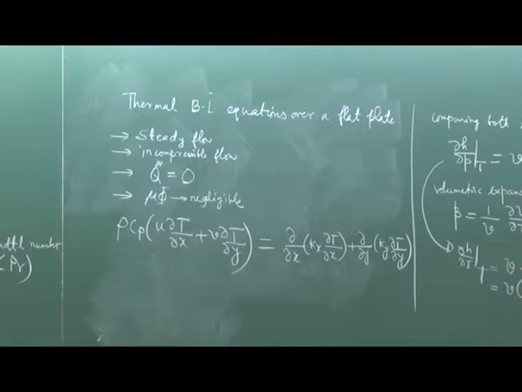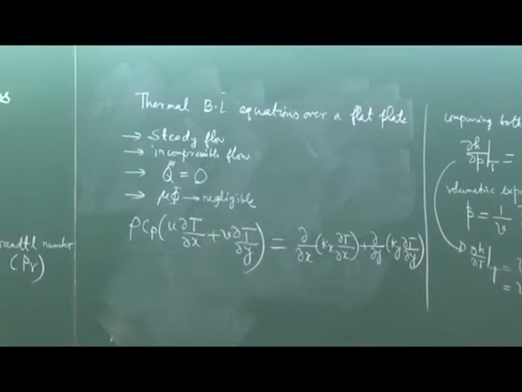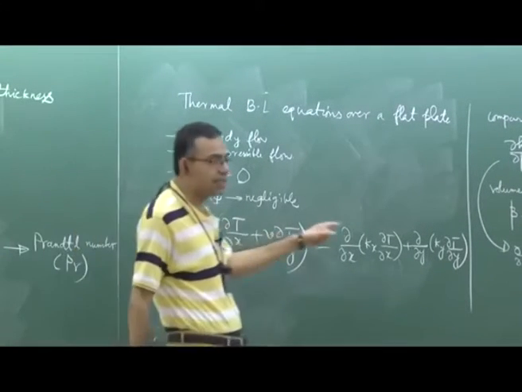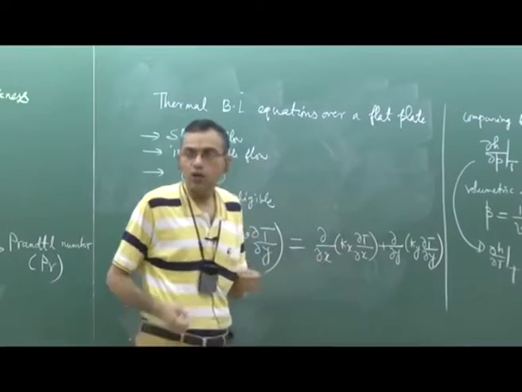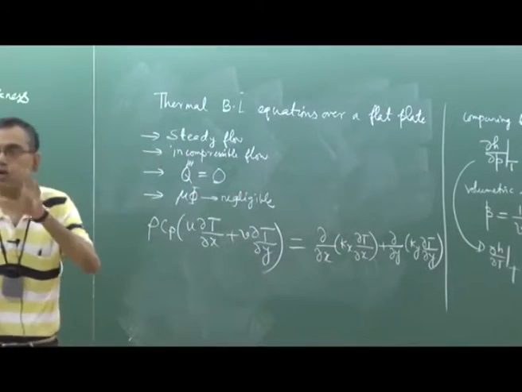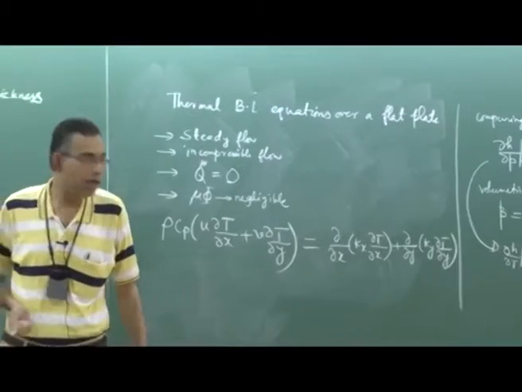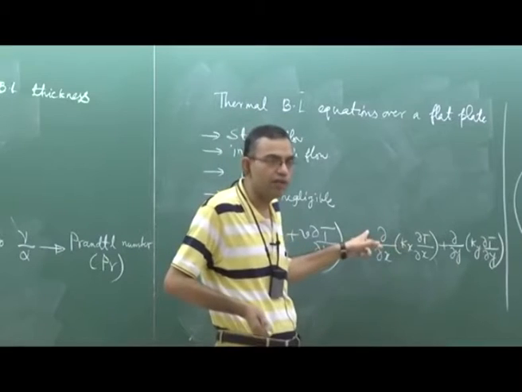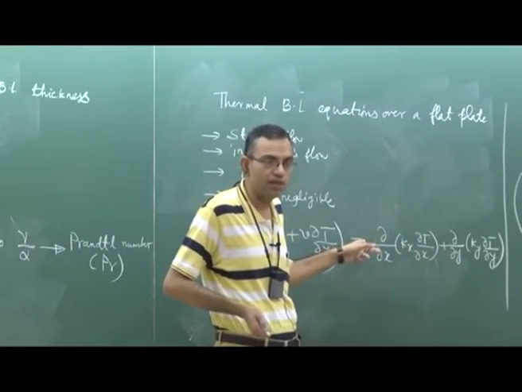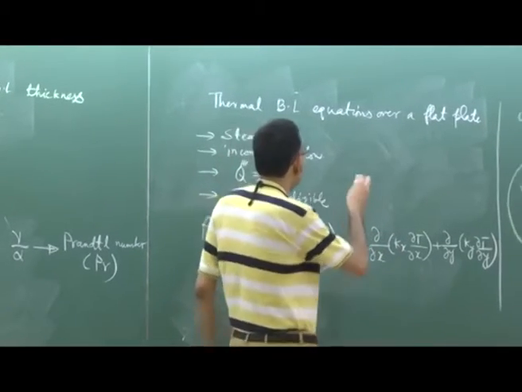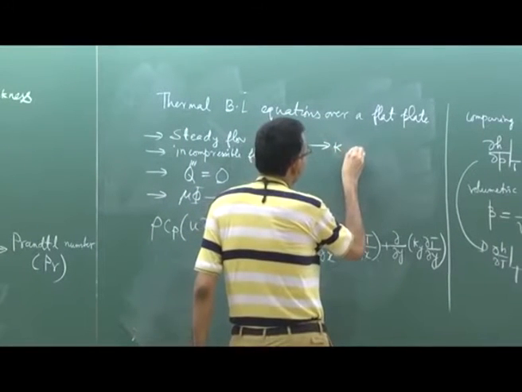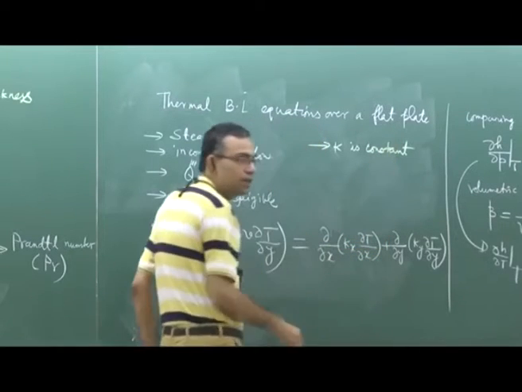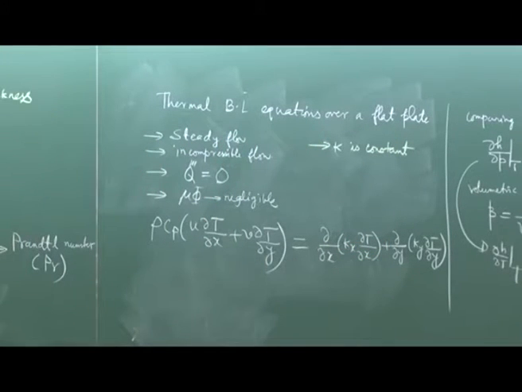Now, to proceed further we need to make a simplification, and the simplification that we will make is that k is a constant. We are not bothered about whether rho Cp are constants or not, because anyway that is coming out of the derivative, but to bring k out of the derivative we have to assume that k is a constant. So, we will make another assumption that k is constant, that is the thermal conductivity of the fluid is constant.